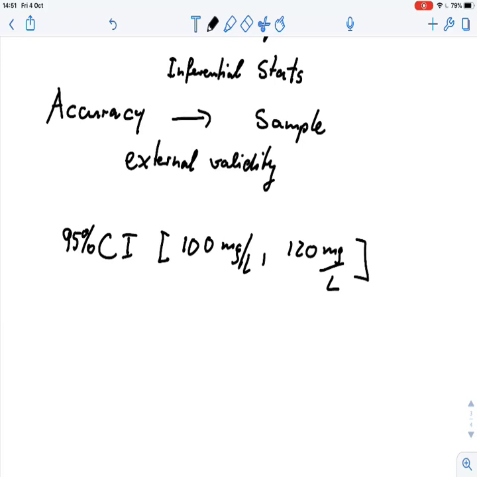With this confidence interval, I can say I'm 95% sure that if I did this measurement 10,000, 10 million, 10 trillion times, the true population mean of the concentration would be somewhere between 100 and 120 milligrams. I can be 95% sure.